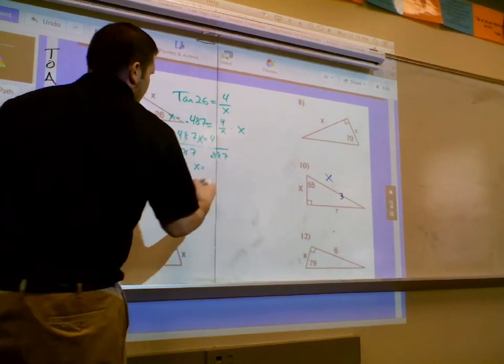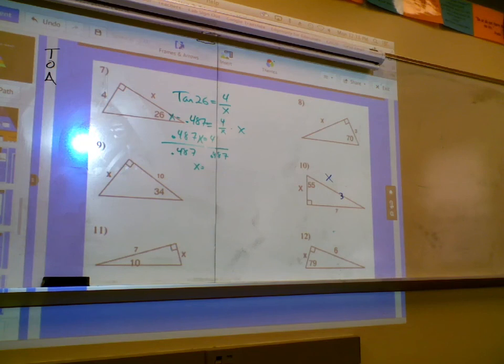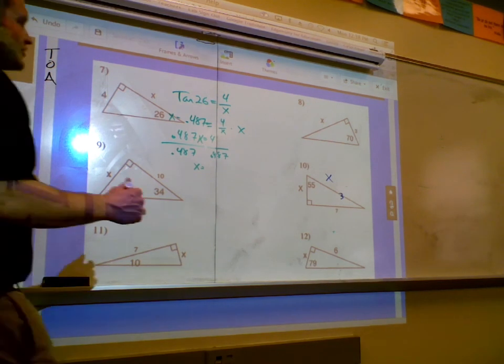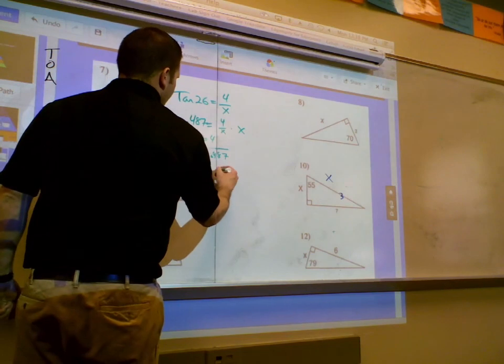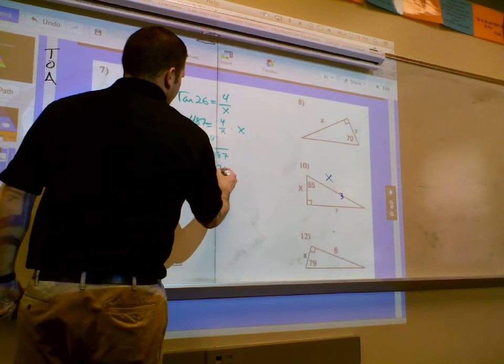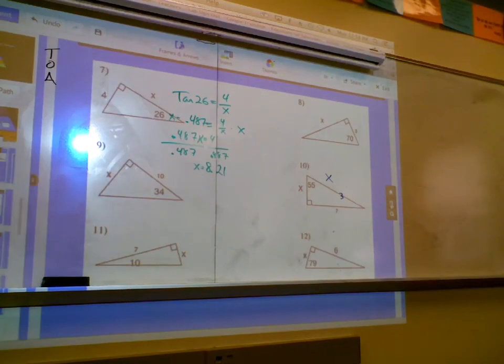So x equals, that's right. What is it? 1.36? No, 8.21. So it's 4 divided by 0.487, not times 0.487. Oh, you multiplied, didn't you? I think so.